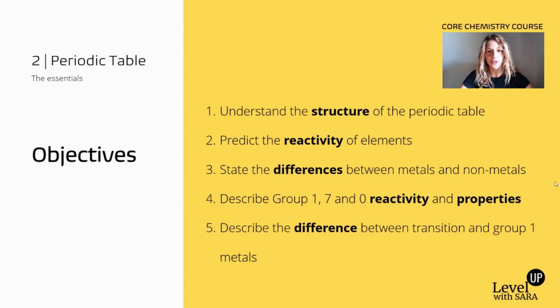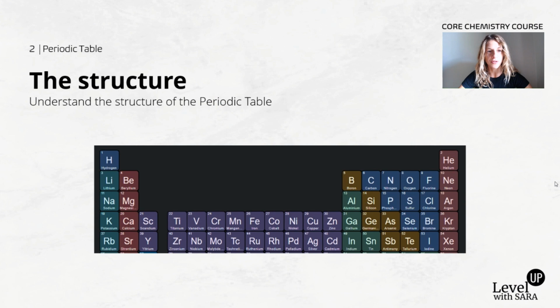Let's get started with the first point, the structure of the periodic table. So if you don't have your own periodic table on hand, go and get it right now, because I would like you to get confident with one type of periodic table that maybe your teacher has given you, or that you have in your book.